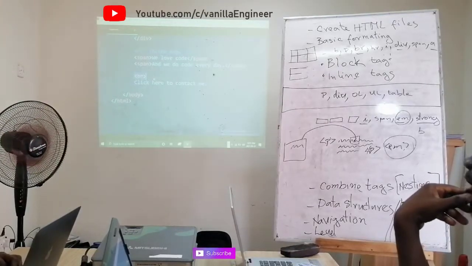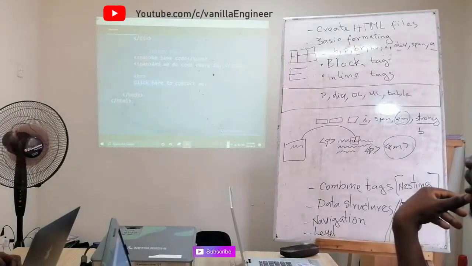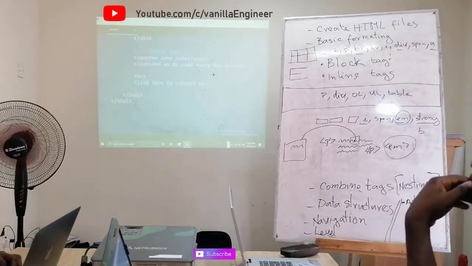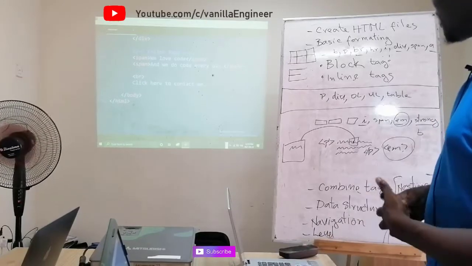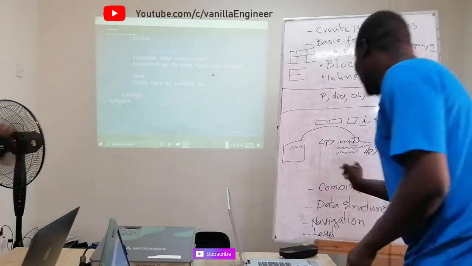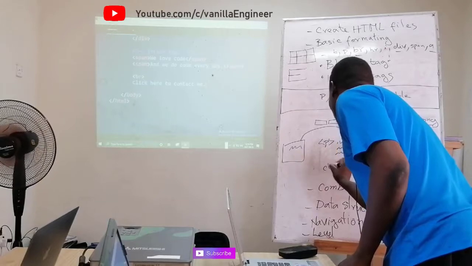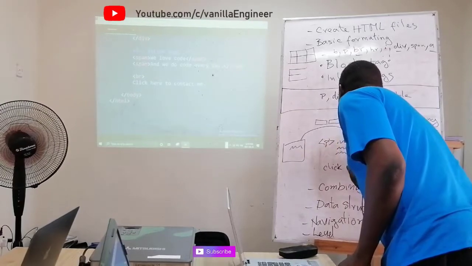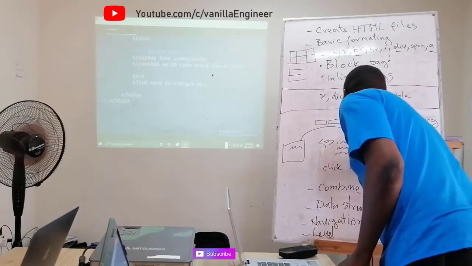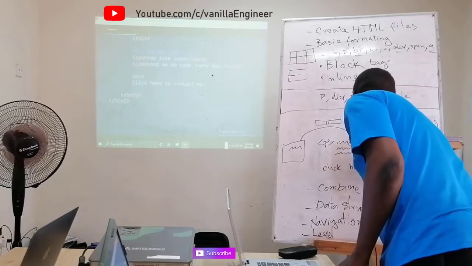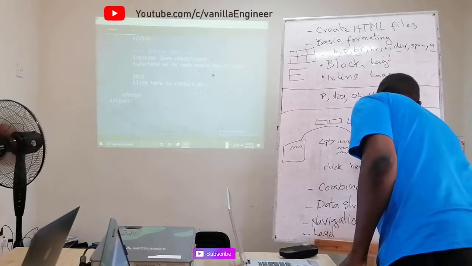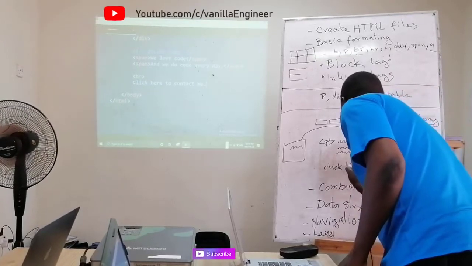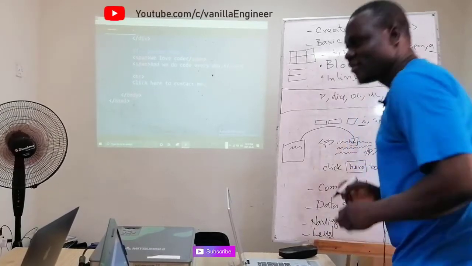So you see the idea. You write the BR, then you write click here to contact me. Have you written it? In that text, click here to contact me, this portion, the word here, I want it to be clickable.